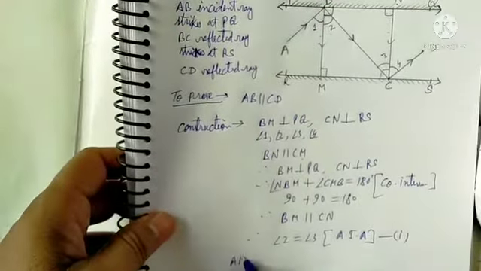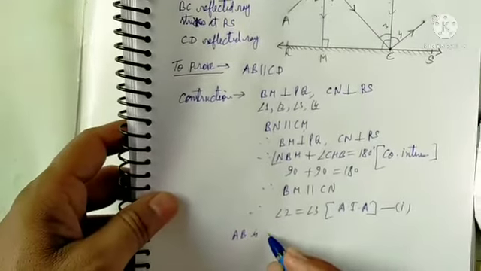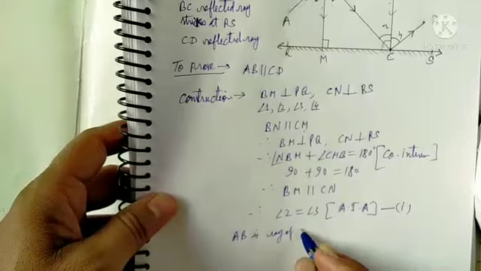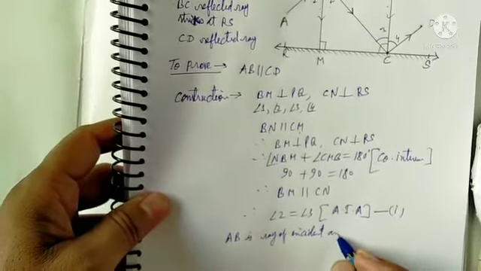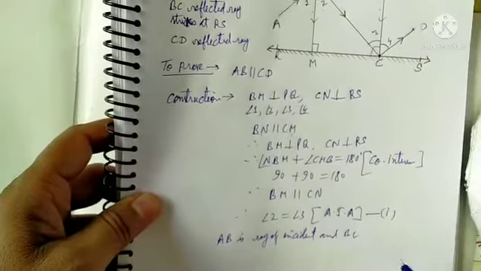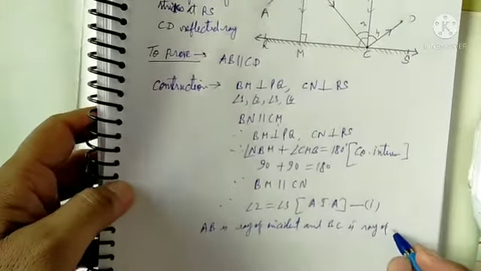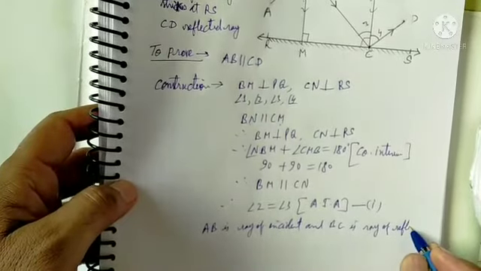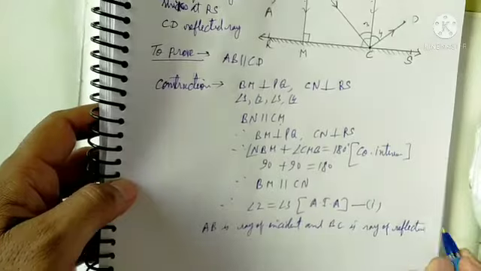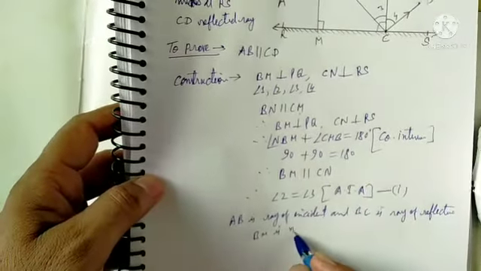Now AB is the ray of incident and BC is the ray of reflection, or we can say reflected ray, and BM is the normal.